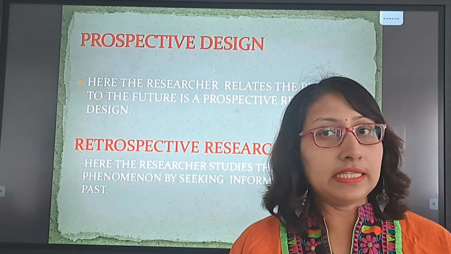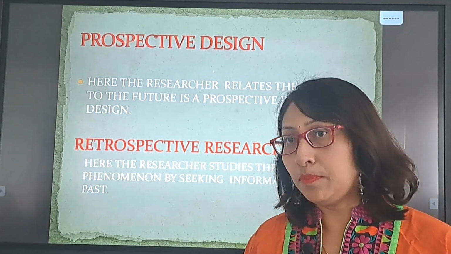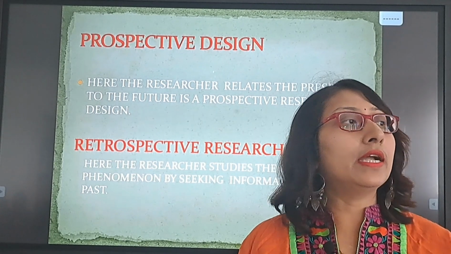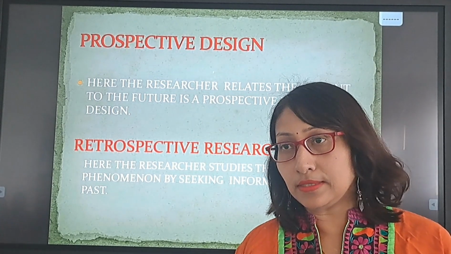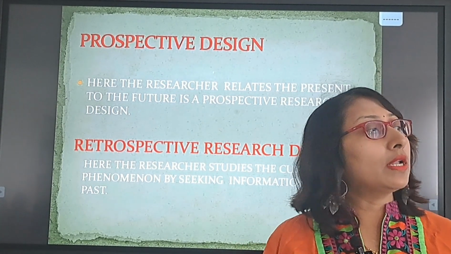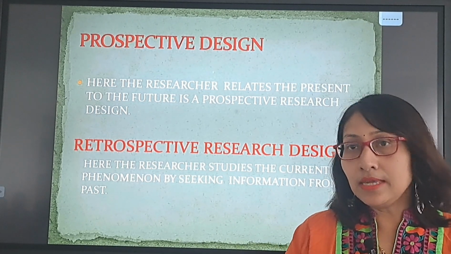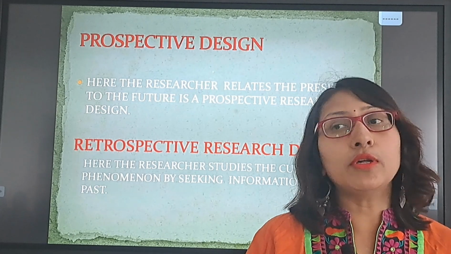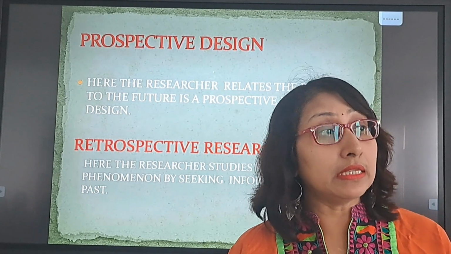Is it not? Excessive floods will come. In places where there is drought, you will see a lot of flood situations. So whatever we are presently performing will have an impact, either a positive impact or a negative impact in the future.